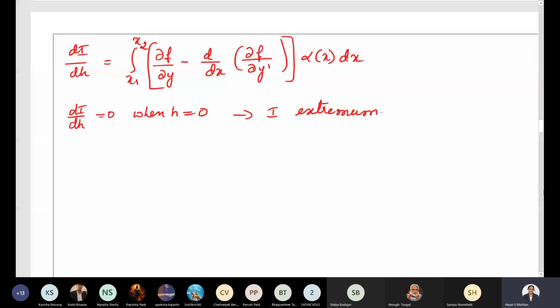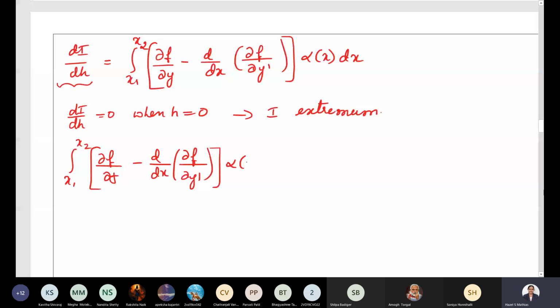So you can say that the integral x1 to x2 of ∂f/∂y minus d/dx of ∂f/∂y', this integral with alpha of x dx, must be equal to 0.